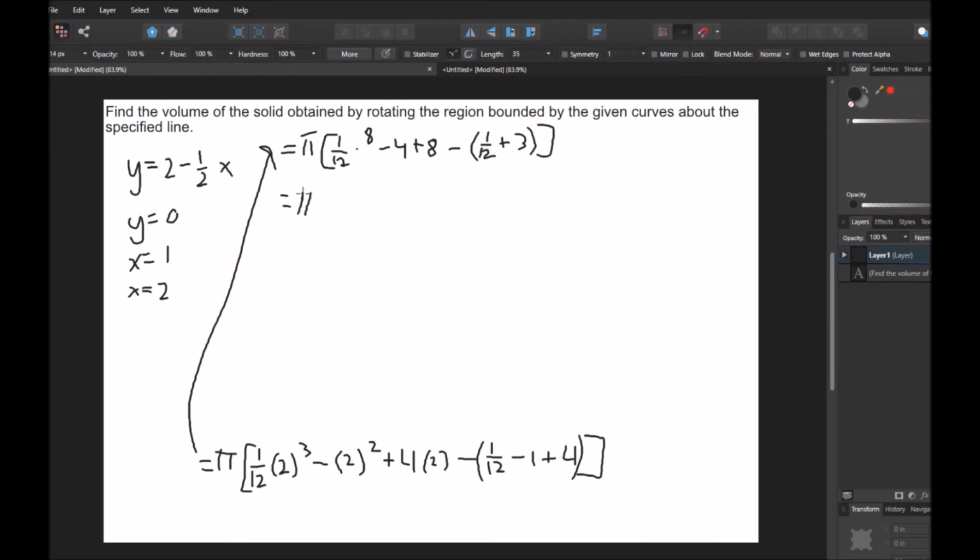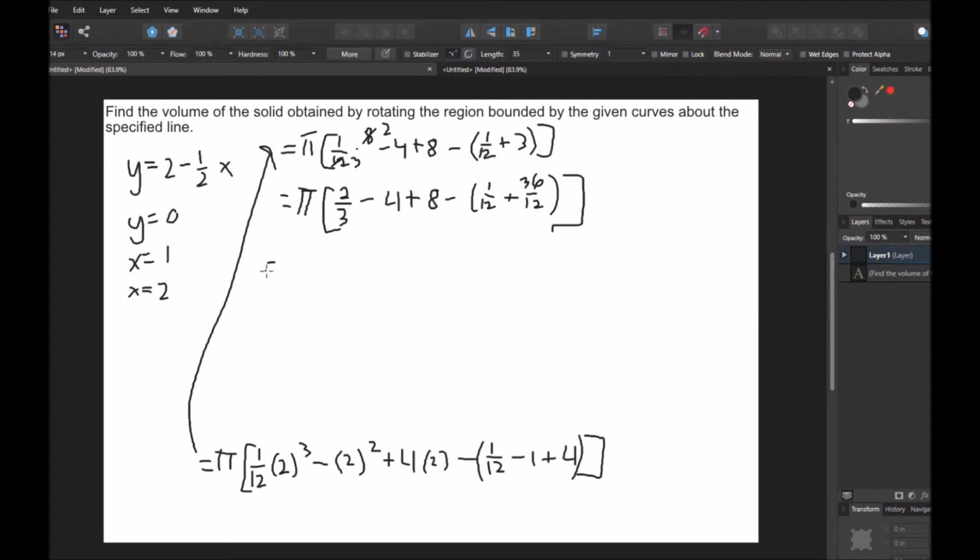So then this is going to be pi times, we can simplify this, 8 divided by 4 is 2, and then 12 divided by 4 is 3. So 2/3 minus 4 plus 8. And then we're going to have minus 1/12 plus, put a 12 down here, and 3 times 12 is 36. So close parentheses and then close bracket.